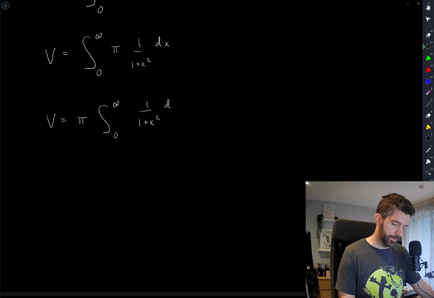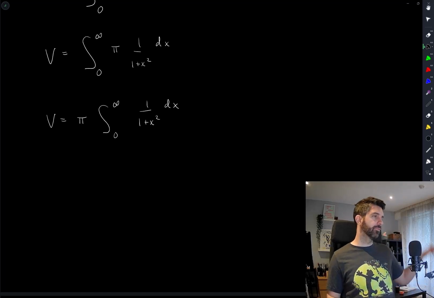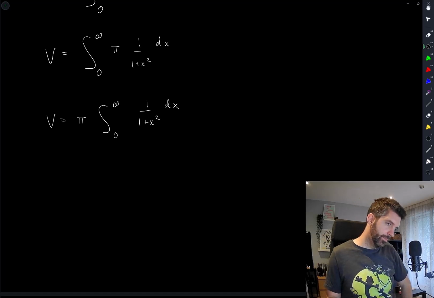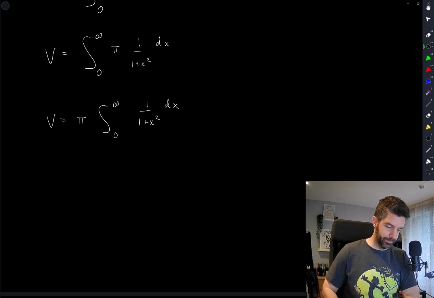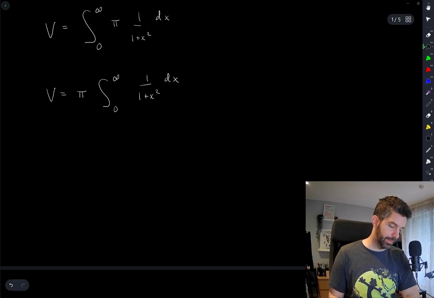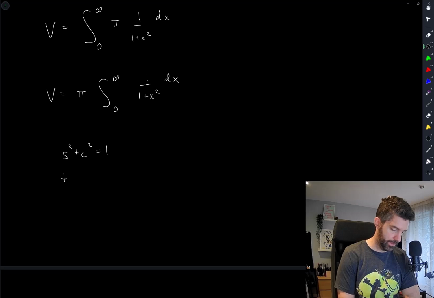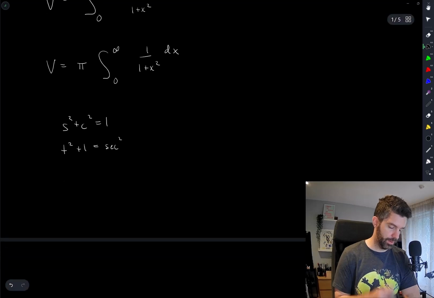Okay, and I think this is some kind of trig integral. Probably something like tan inverse. Let's derive something. Okay, so I have tan squared plus 1 is secant squared.